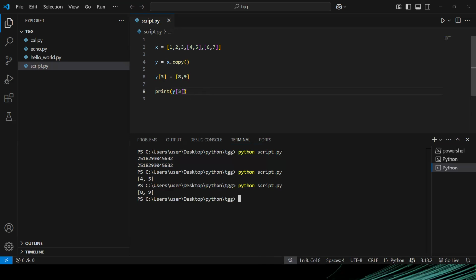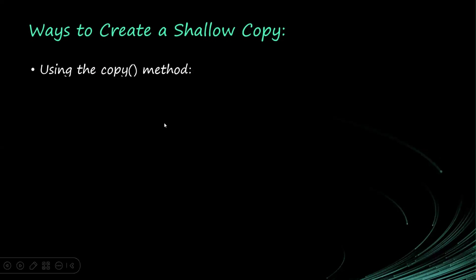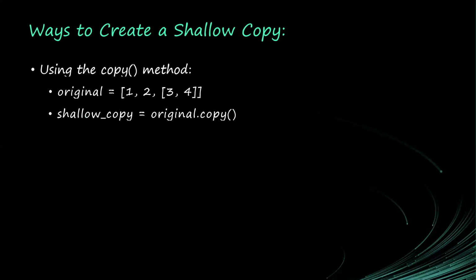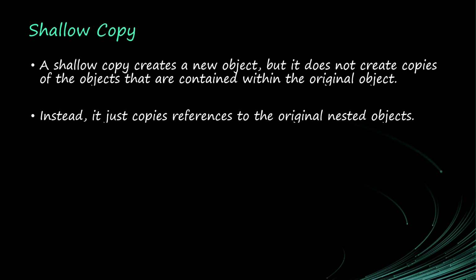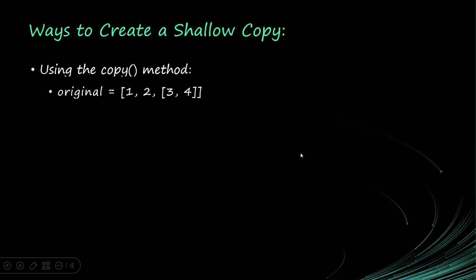These two are pointing to the same direction, so a shallow copy. Wait, just give me a moment to put things together. Since it copies the reference to the original nested object, when I make changes to it, it's supposed to affect it.